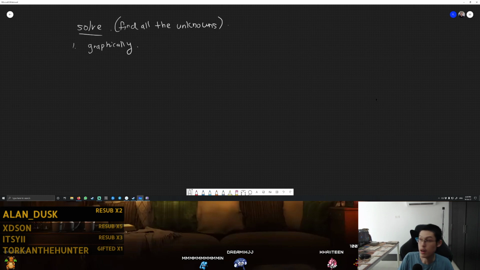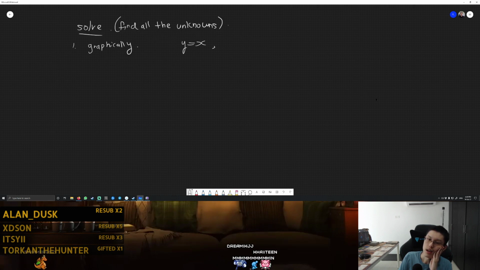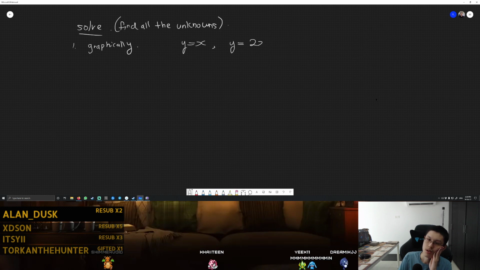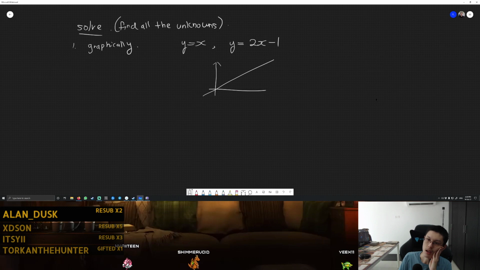For example, if I have y equals x and maybe y equals 2x minus 1, if I want to find x, you can graph y equals x and y equals 2x minus 1, and then you find the point of intersection, and that is your answer for x.